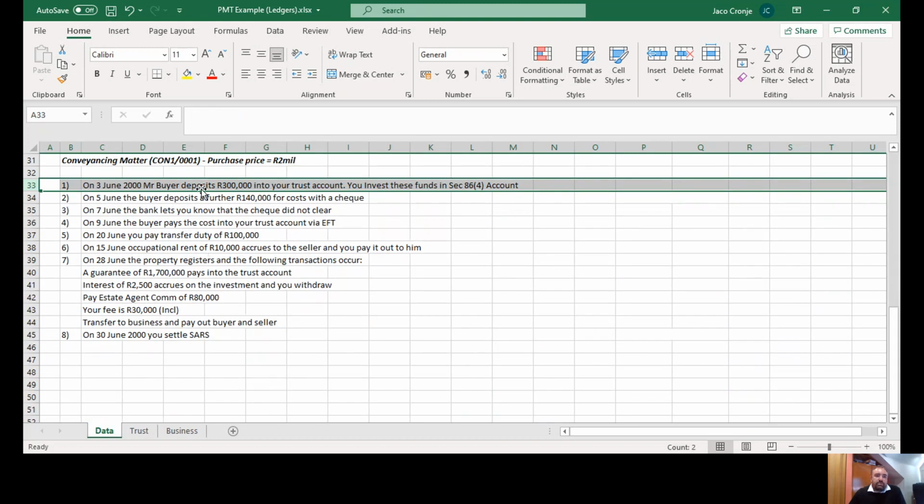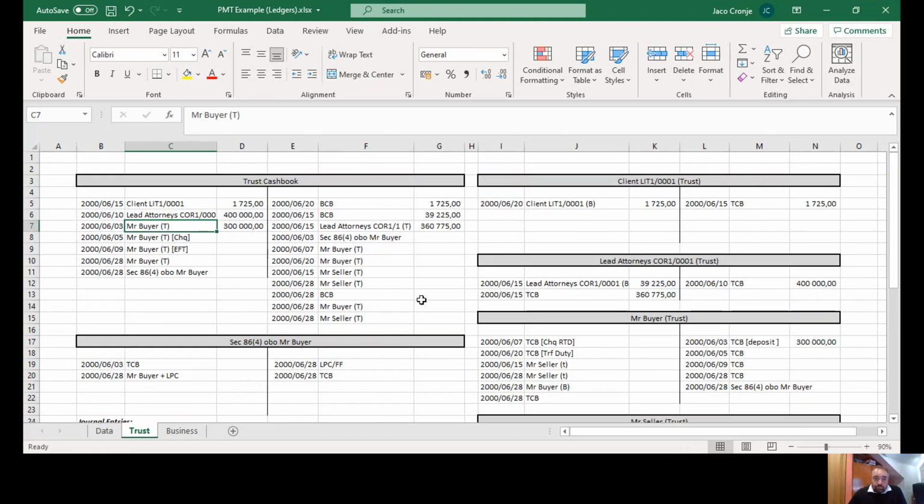Okay, so on the 3rd of June, Mr. Buyer deposits 300k into your trust that we've accounted for. We brought it into our bank and we allocated it to his ledger. And now it says you invest these funds in a section 86(4) account. Now, how do we do that?